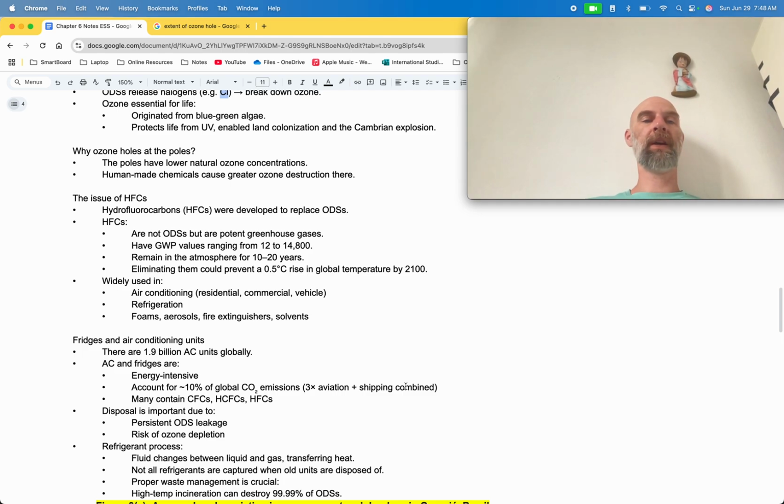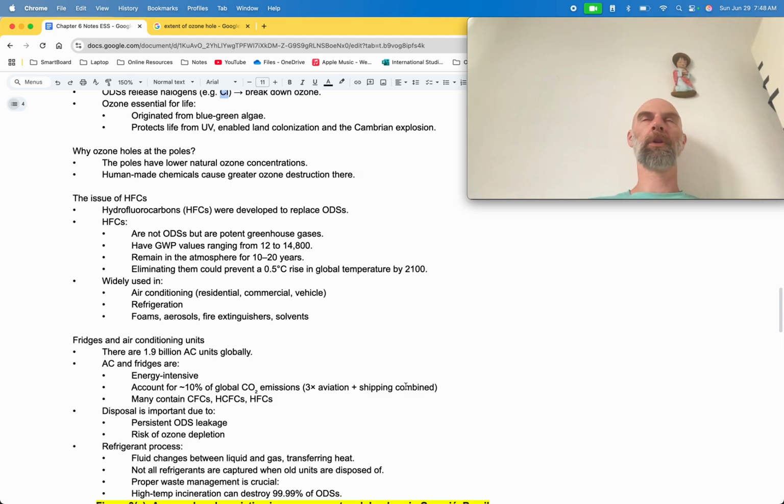The issue of HFCs. Hydrofluorocarbons were developed to replace ozone-depleting substances. HFCs are not ozone-depleting substances, but are potent greenhouse gases. So, yeah, they don't deplete the ozone, but they trap heat like you wouldn't believe.